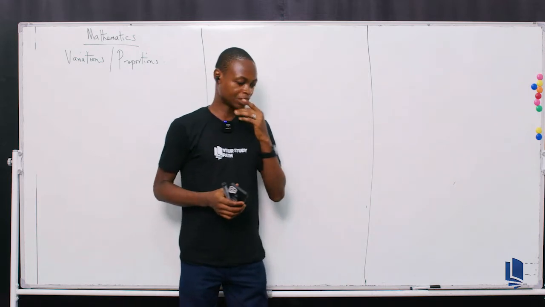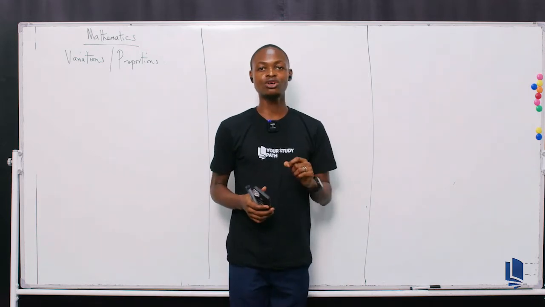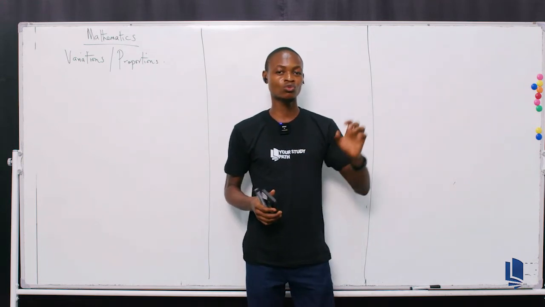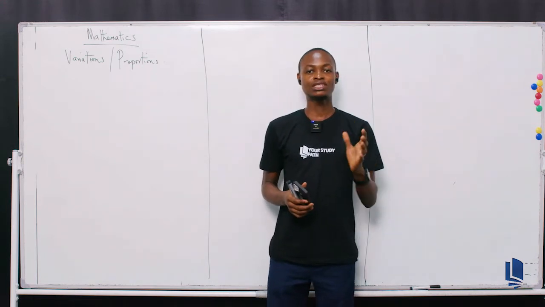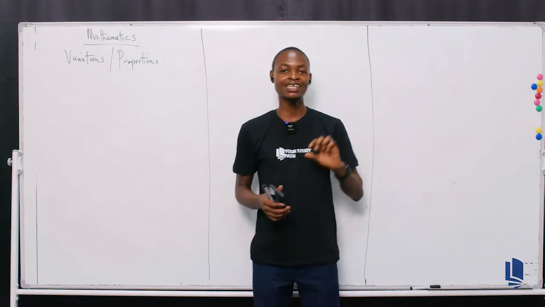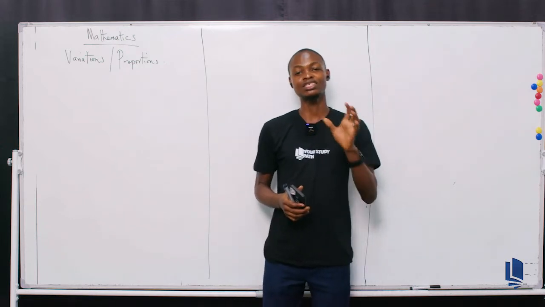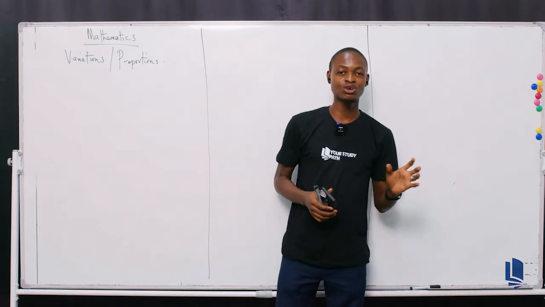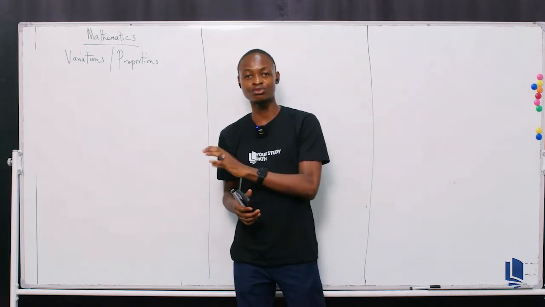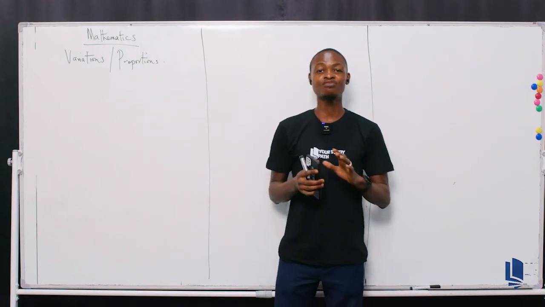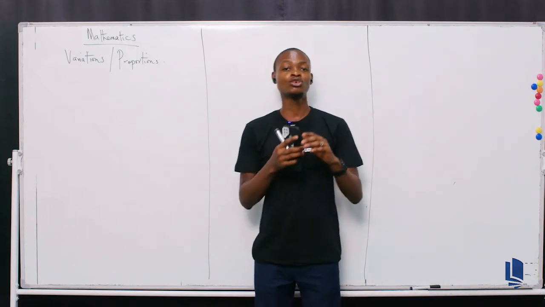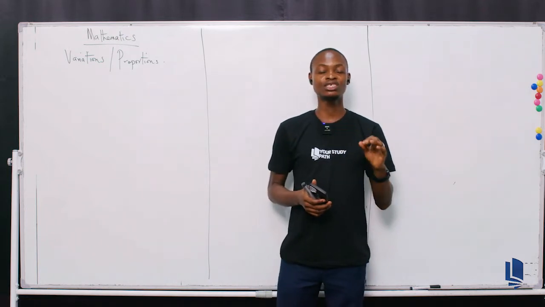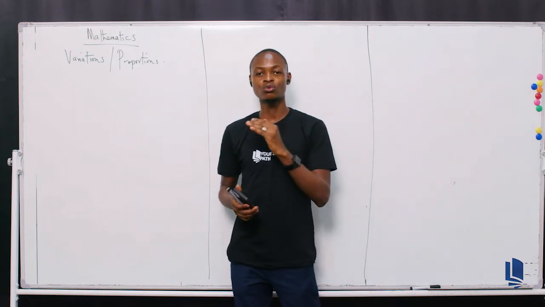To that end, when we study the concept of variations, we consider the relationship between one variable with another variable. Whether an increase in the first variable causes an increase in the second variable, or an increase in the first variable causes a decrease in the second variable, or those two variables have nothing in common, or those two variables have everything in common. We'll be looking at all these scenarios one by one.